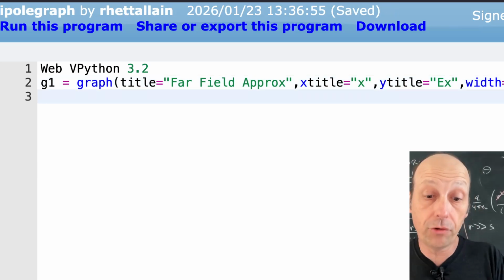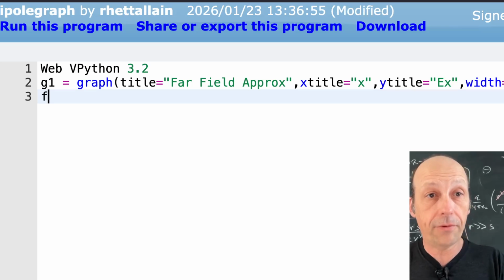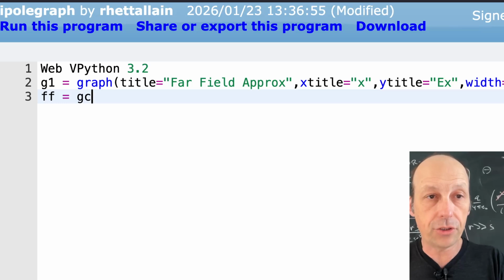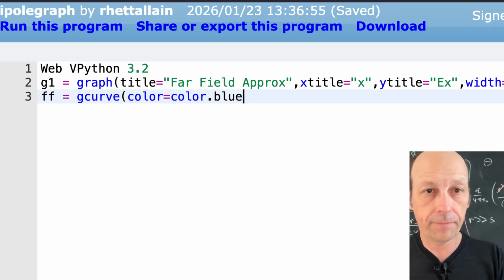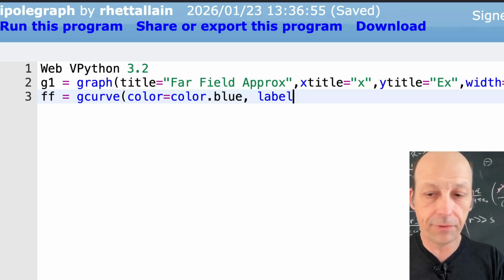Now I'm going to have two graphs. The first I'm going to call FF for far field approximation. It's a gcurve. Color is color dot blue, and this is shaking a little bit. Okay, and then let's put label. Is it shaking when I type? I can fix this later.